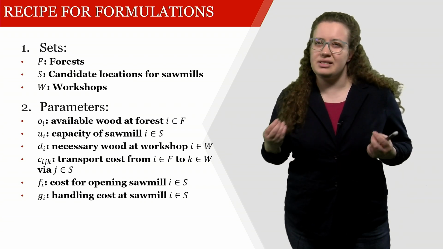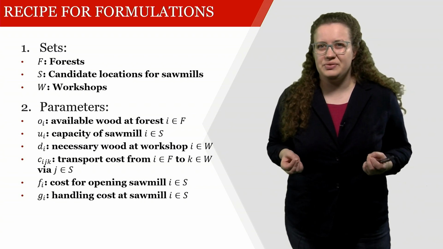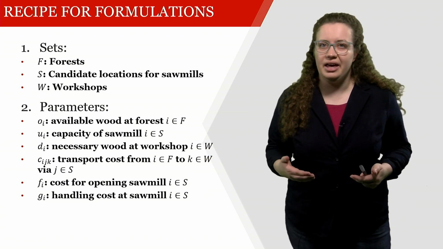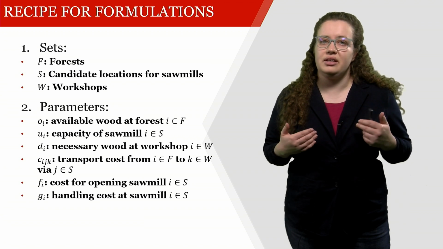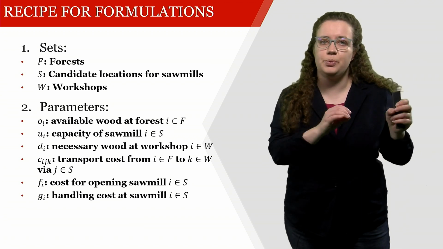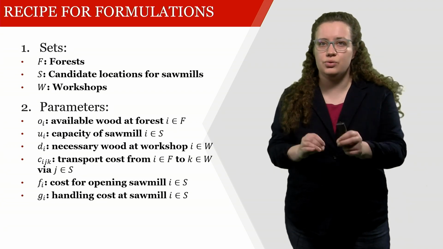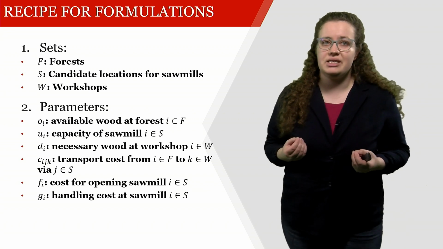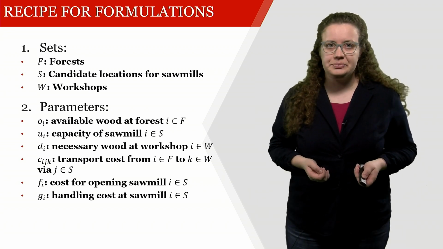One slight difference to most other models that we've seen so far is this transport cost, C_ijk. And here the important part is that we have this ordering. So we transport from forest to sawmill to the workshop, and this actually comprises the entire costs already.